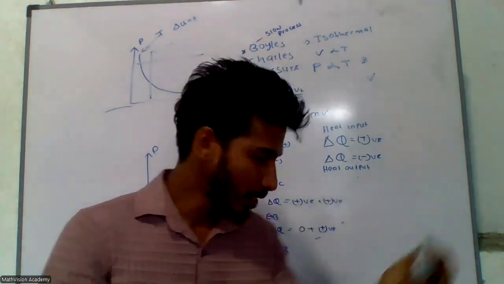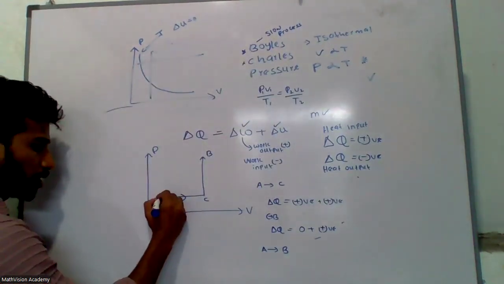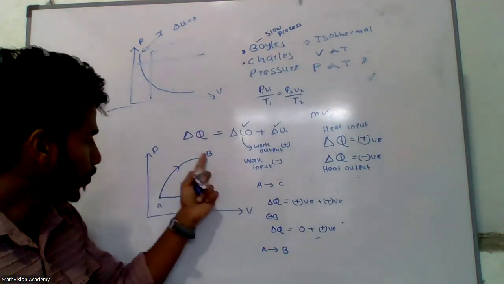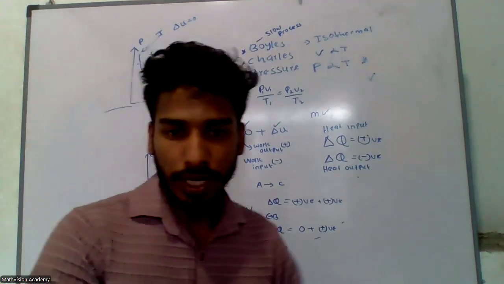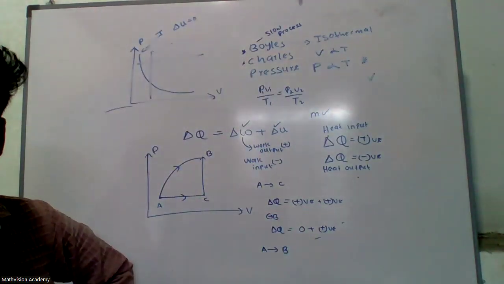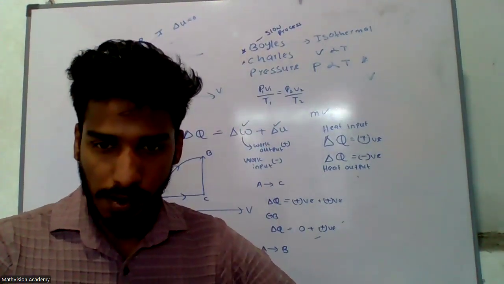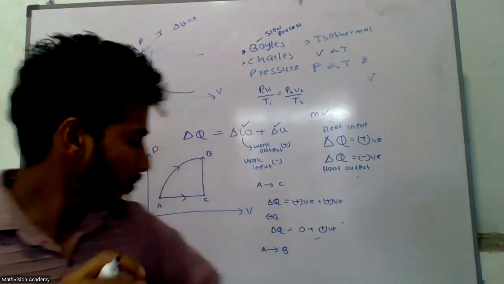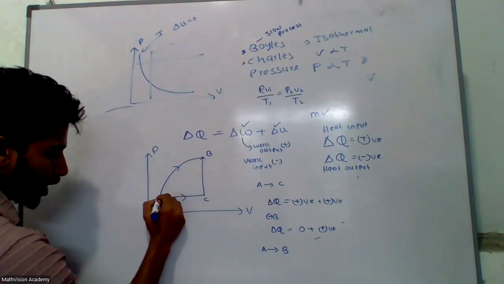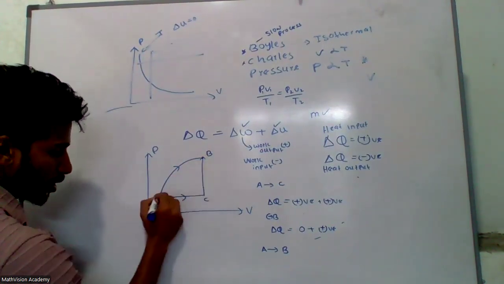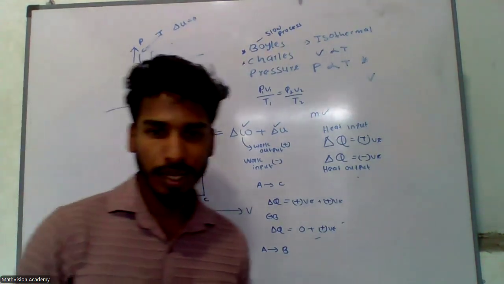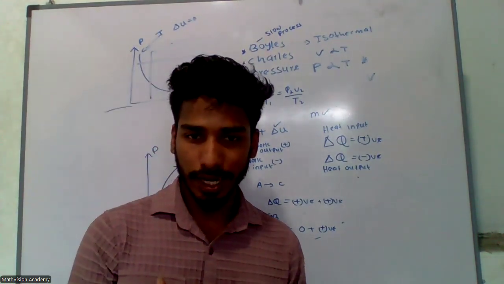Now if I ask you this way, in the path from A to B, what can you say about the internal energy change? Because the temperature from A to B, even if you go this way or this way, is not changing, right?